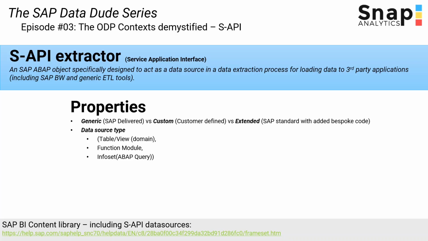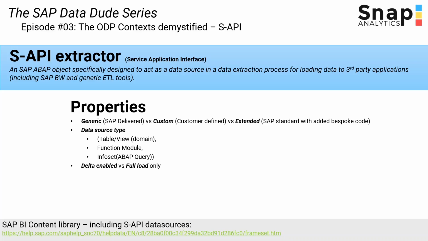The data source can be based on a table or a view directly, so that's a very straightforward data source. It could also be built on a function module, so you have ABAP code providing the dataset for you, or something that's called info sets. We won't be looking at info sets today, but I will show you in the system data sources based on tables and data sources based on function modules.